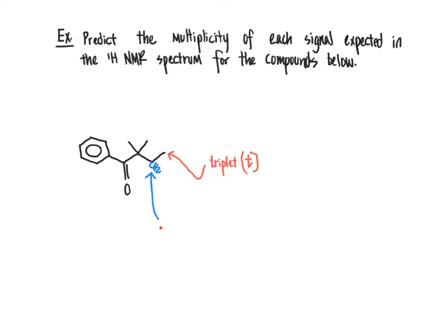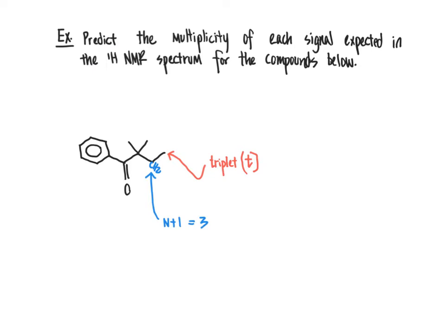So at this CH2 group, following the n plus 1 rule, there are 3 vicinal hydrogens on this methyl group out at the end. All 3 of those are equivalent because the 3 hydrogen atoms of the methyl group are freely rotating around the carbon-carbon single bond out there.